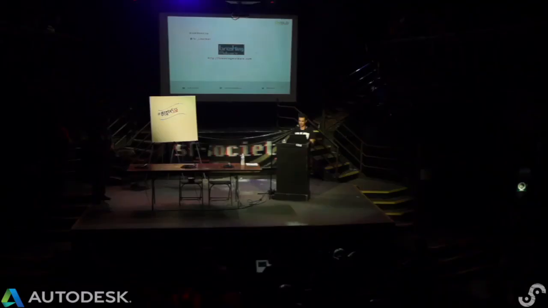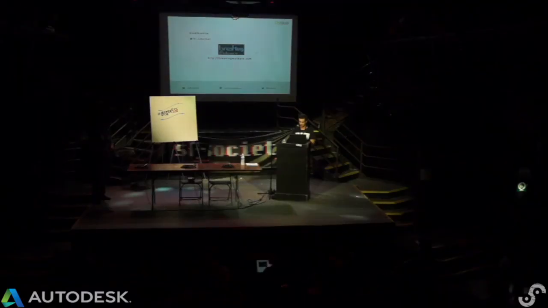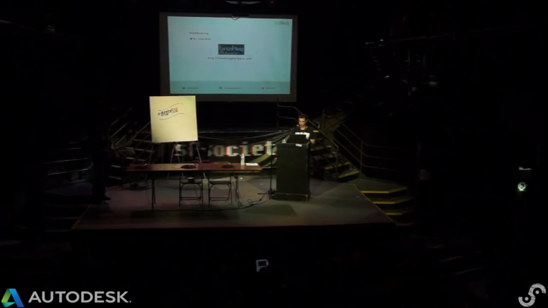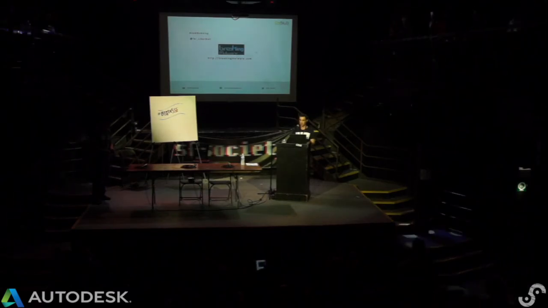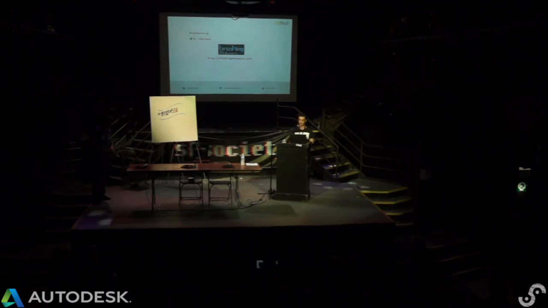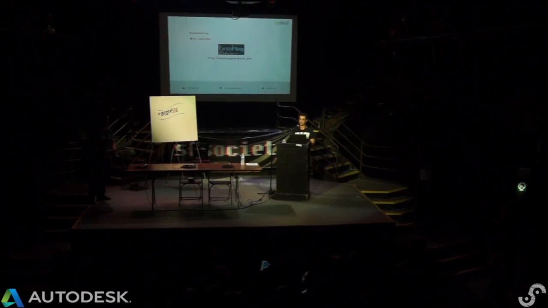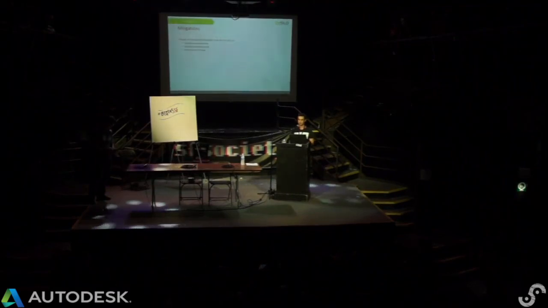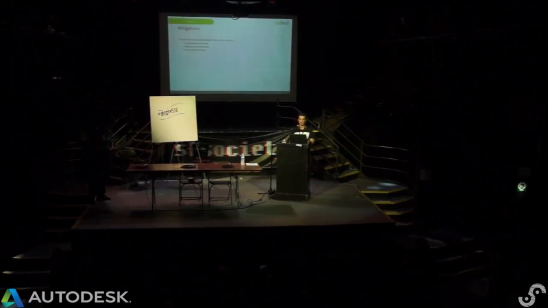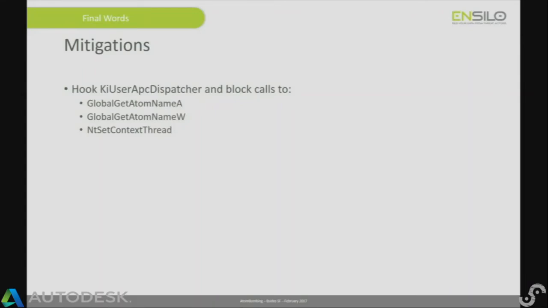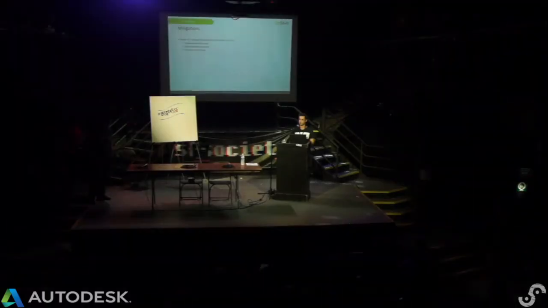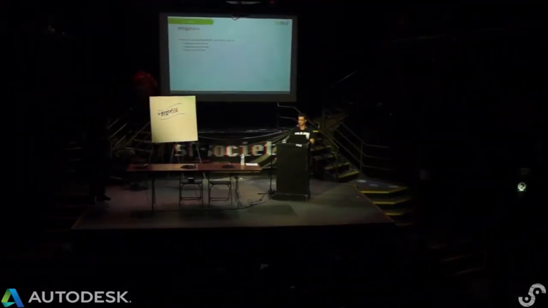Any more questions? Yeah. No, so they can be used legitimately. They shouldn't be. Yeah, sorry. Yeah, you're right. So the three functions that I said we should just block: why not just block them entirely? And why do they even exist if nobody can use them legitimately? So what I meant to say was these functions can be used legitimately, just not within the context of an APC.